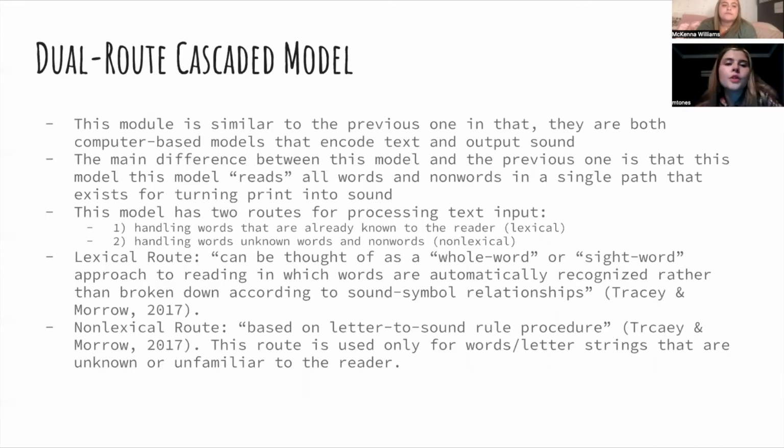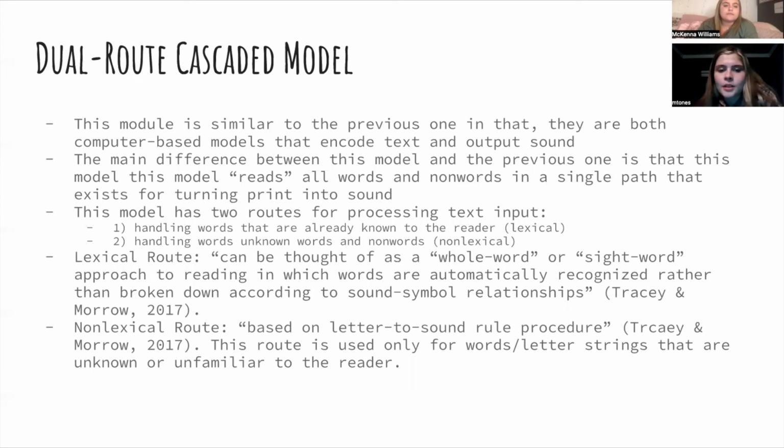The dual route cascaded model. This model is similar to the previous one in that they are both computer-based models that encode text and output sound. The main difference is that this model reads all words and non-words in a single path that exists for turning print into sound. This model has two routes for processing text input.